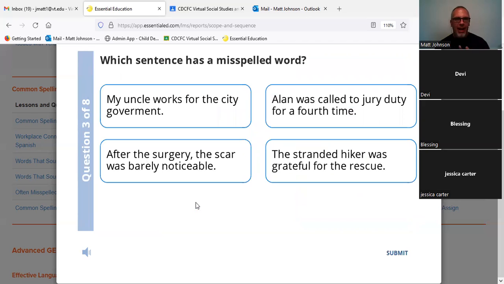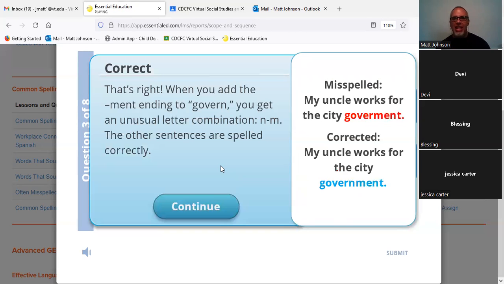And then my uncle works for the city government, right? That's another one we talked about, that soft N and M consonant sound together. Yeah, my uncle works for the city government. So we need GOVERNMENT.